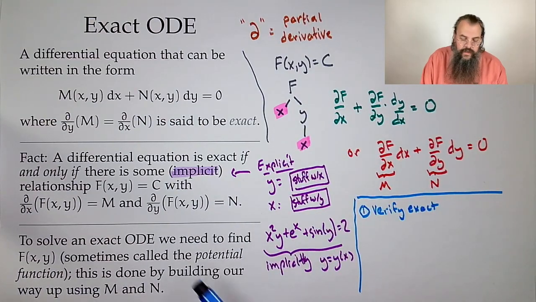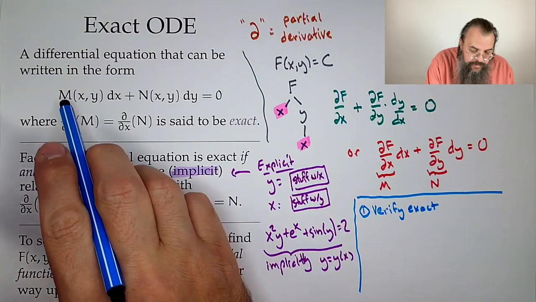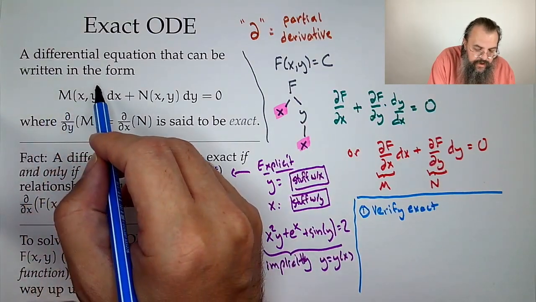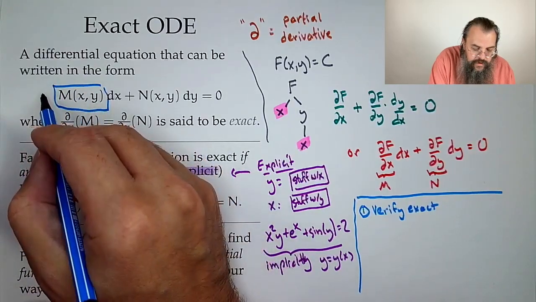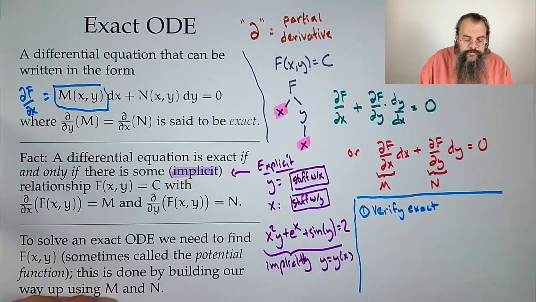And how do you verify? You check the partial derivatives. Okay, great. Now that I know it's exact, I know that this piece M is partial f partial x.